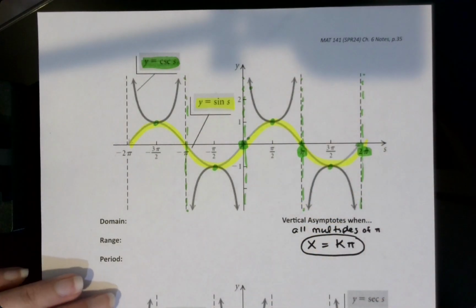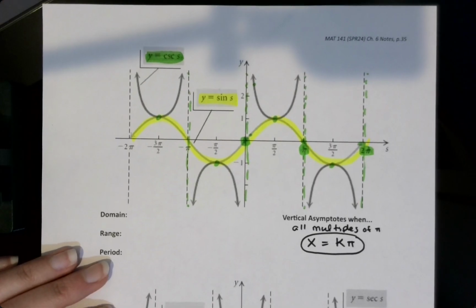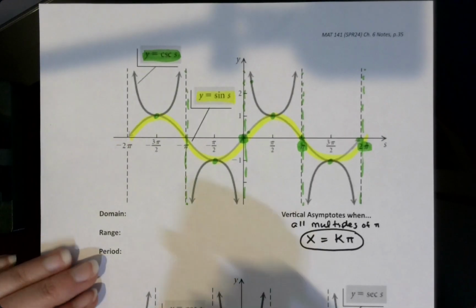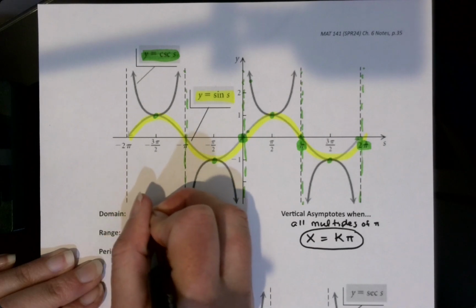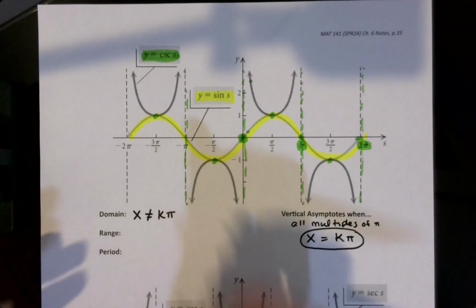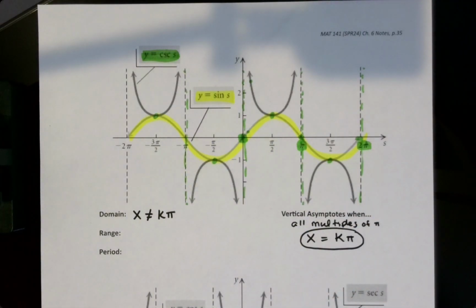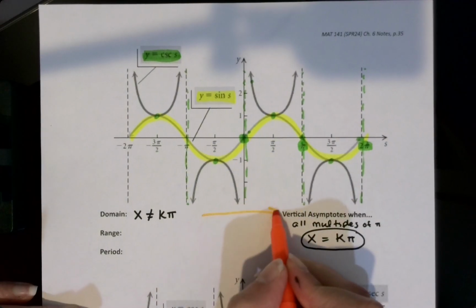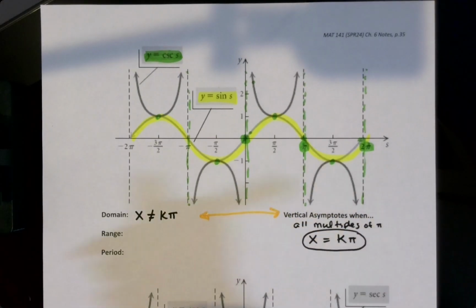This is the same thing that we said for our cotangent function. We are going to see some similar properties. This means that our domain is going to be x is not allowed to equal k pi. Again, domain and asymptotes occur in the same location, just one is allowed to equal for the asymptote and not allowed to equal for the domain.